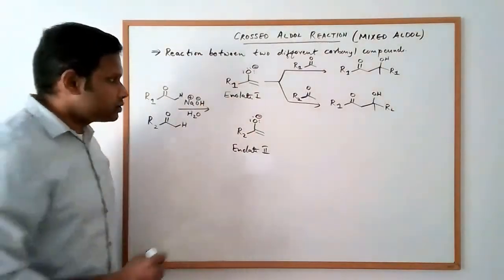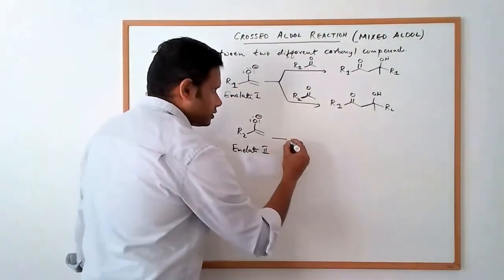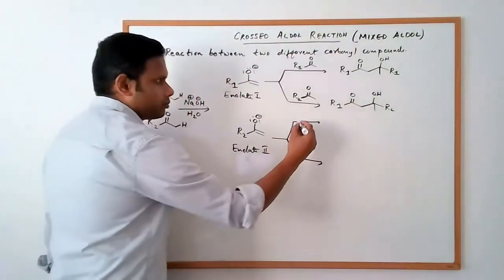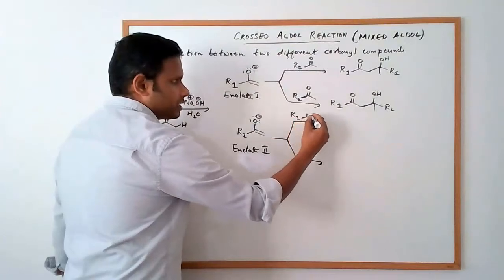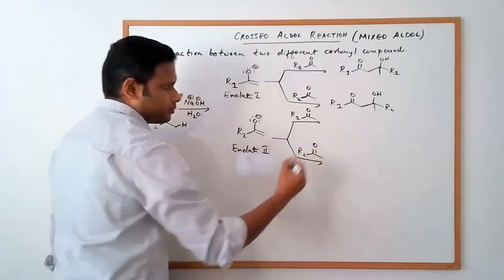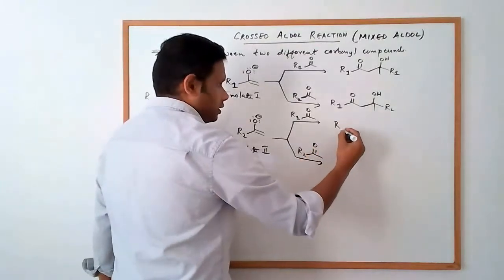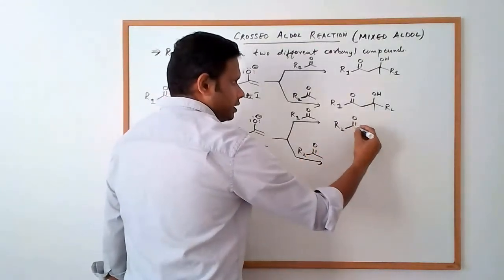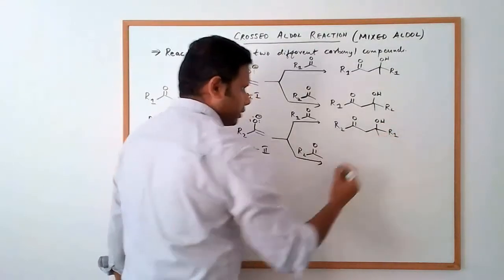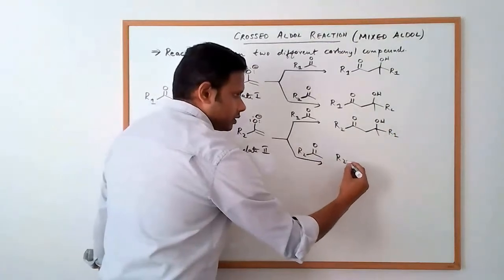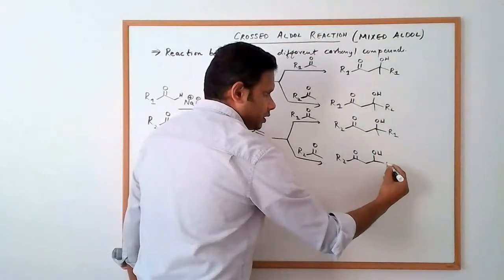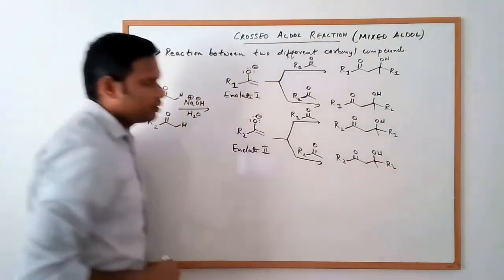Now, the same situation is going to happen with the second enolate, because it can react with the first carbonyl compound, or it can react with the second carbonyl compound. So that means we'll get an R2 carbonyl compound with hydroxy, R1 and a methyl group, and we will get an R2 carbonyl compound with hydroxy, R2, and a methyl group.